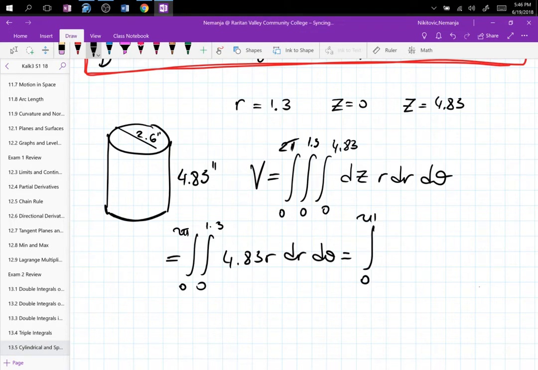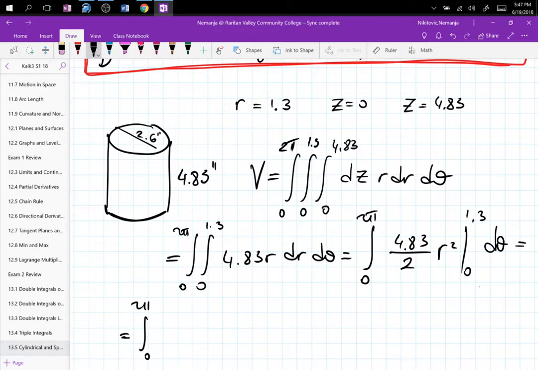Integrate now the r integral, that's going to be 4.83 over 2 times r squared from 0 to 1.3, still d theta. Then we have 0 to 2 pi, this is 2.42 times r squared, which is 1.3 squared, that's 1.69, minus 0, no one cares, d theta.